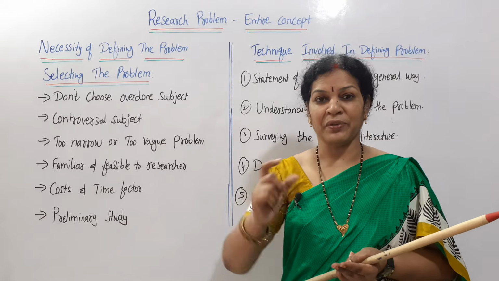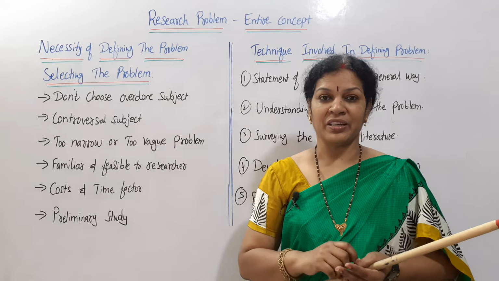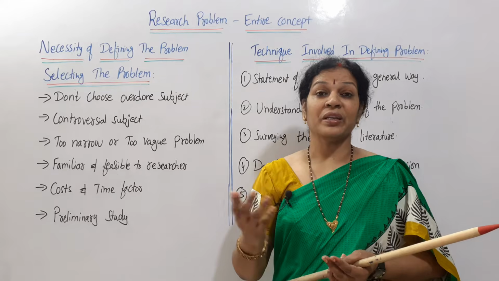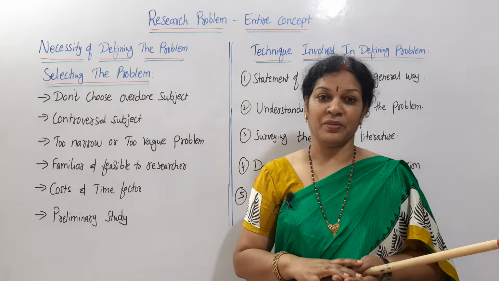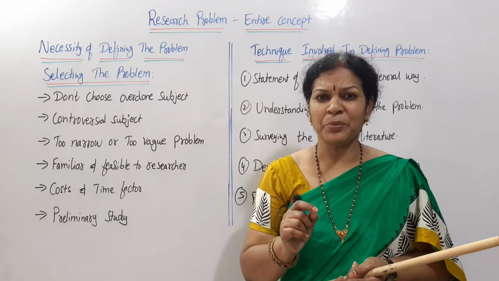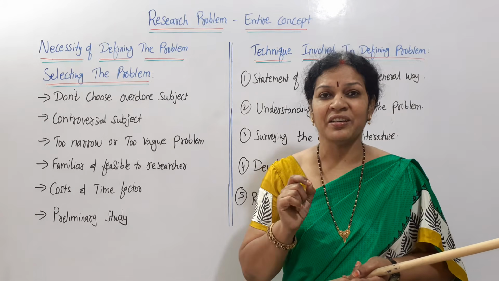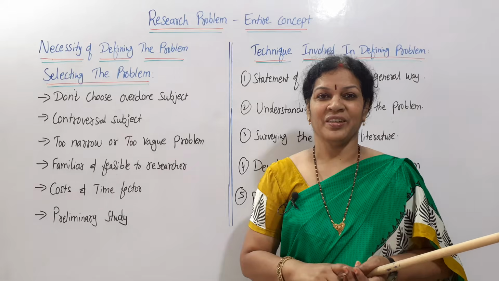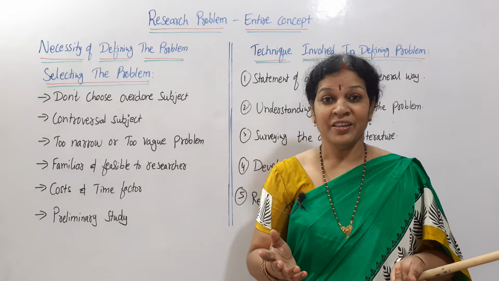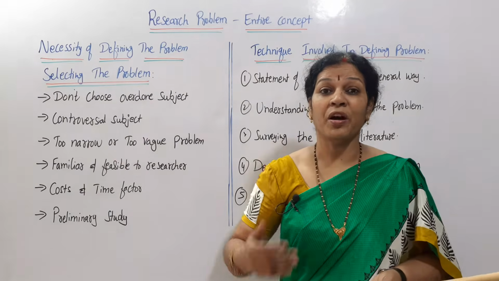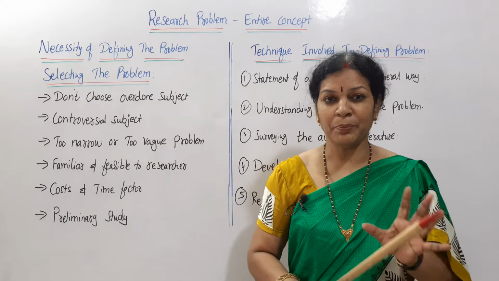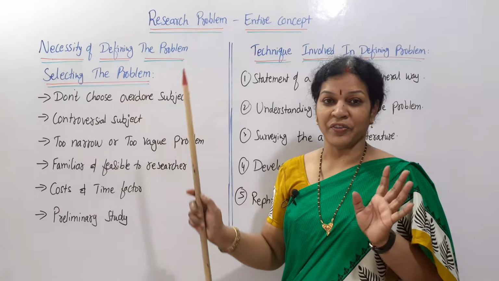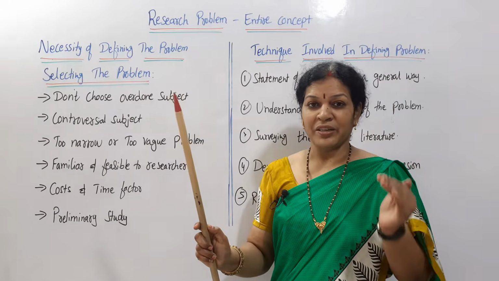When and where we have to start, where we can collect the data, and how we can complete it. You have to put a lot of questions to yourself. Then you will come to know the clarity about that problem. Once you get the clarity, you may proceed, or you may drop, or you may choose another alternative problem. So the main important thing is that you have to define and understand the problem.